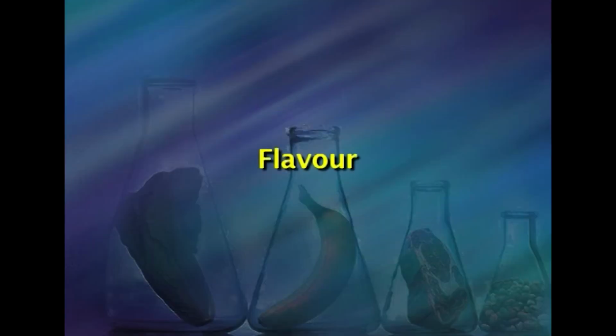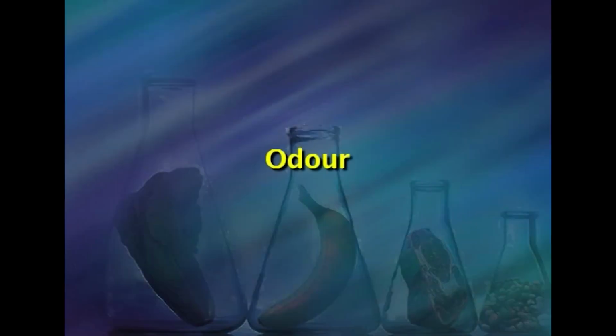Now flavor. The flavor of food has three components: odor, taste and a composite of sensations known as mouth feel. Odor. A substance which produces odor must be volatile and the molecules of the substance must come in contact with receptors in the epithelium of the olfactory organ.